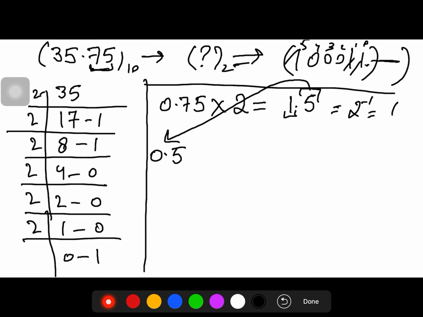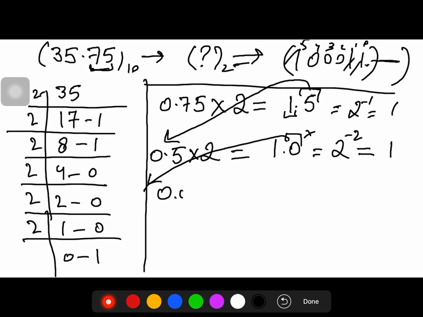We take the fractional part from here, multiply again by 2, and get the answer, which is 1.0. Now the integral part becomes the answer, and as the fractional part is 0, we can't proceed further.